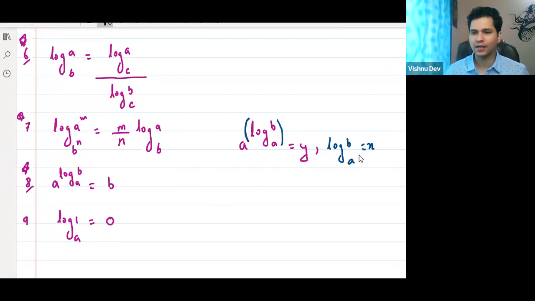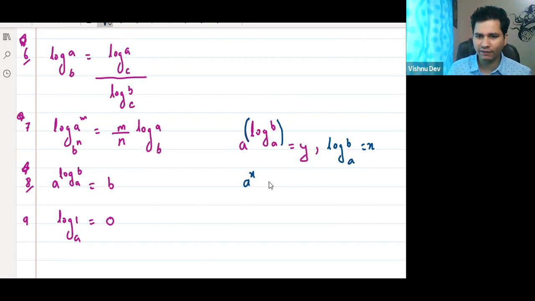So don't you think it will become A to the power X is equal to Y, where X is equal to log B base A. Now convert this into power.